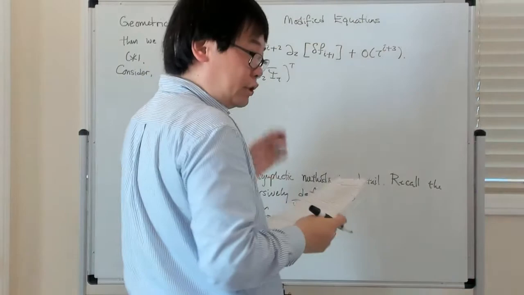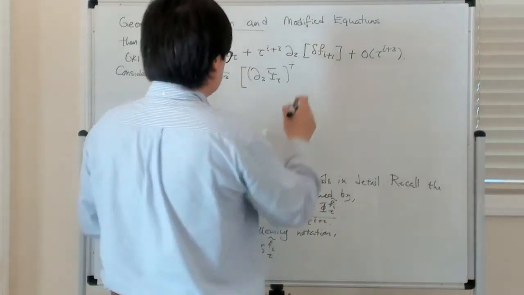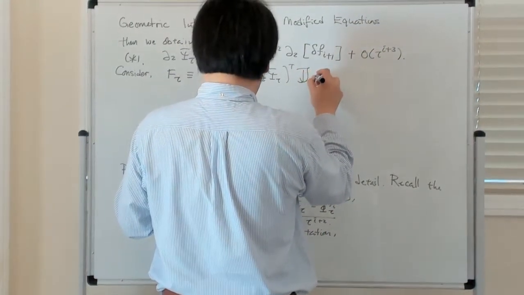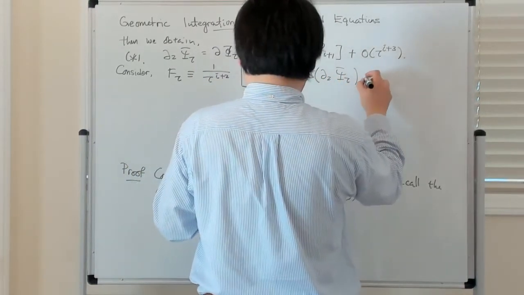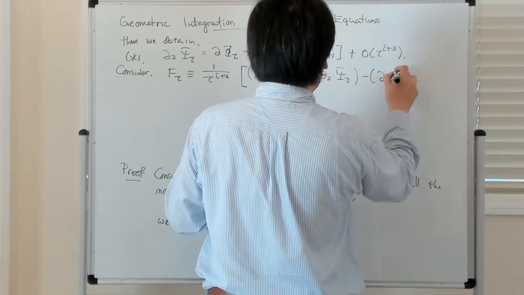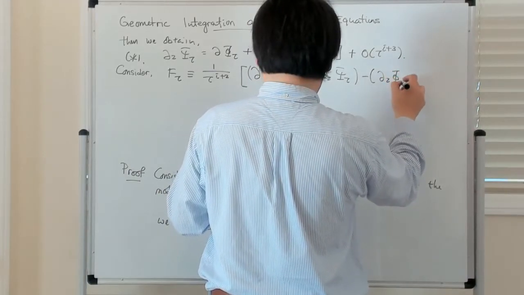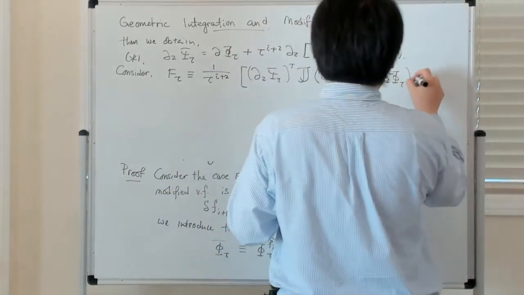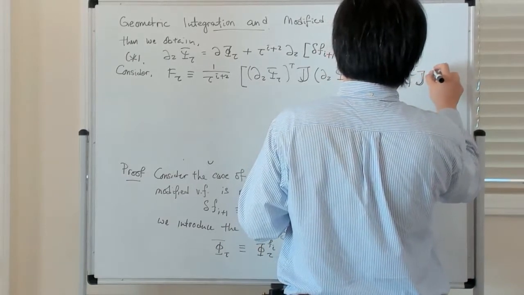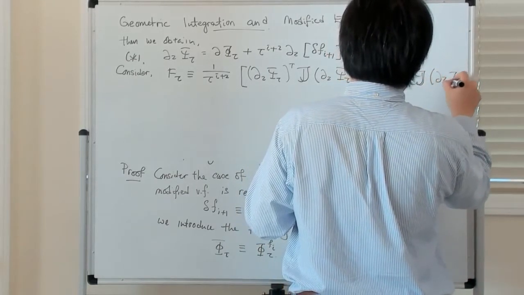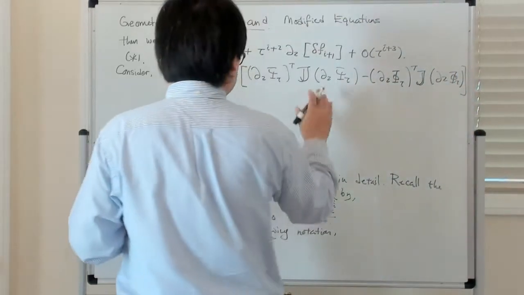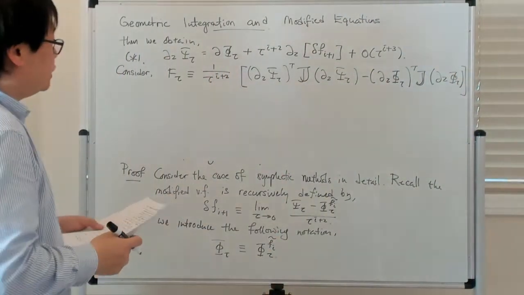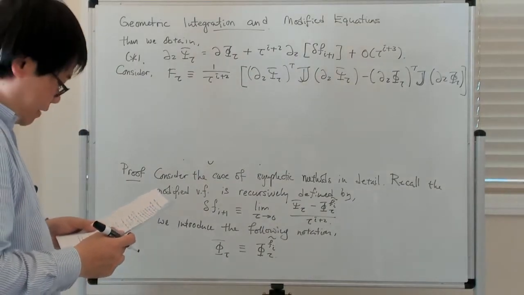This is the term you look at when you're trying to check symplecticity, at least part of the term you look at. So you're basically conjugating the symplectic matrix by the linearization of the map.